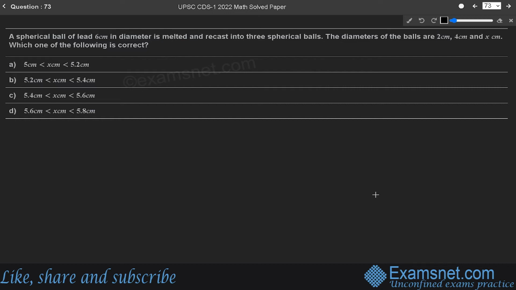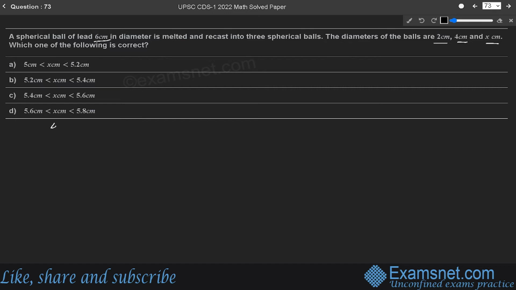It is given that diameter of the ball is 6 centimeter and the diameter of the balls which are recast are 2, 4 and x centimeter. According to the question, if a spherical ball is converted into 3 spherical balls, it means that volume of both the things will be equal. So we can say that volume of sphere is equal to volume of spherical balls.